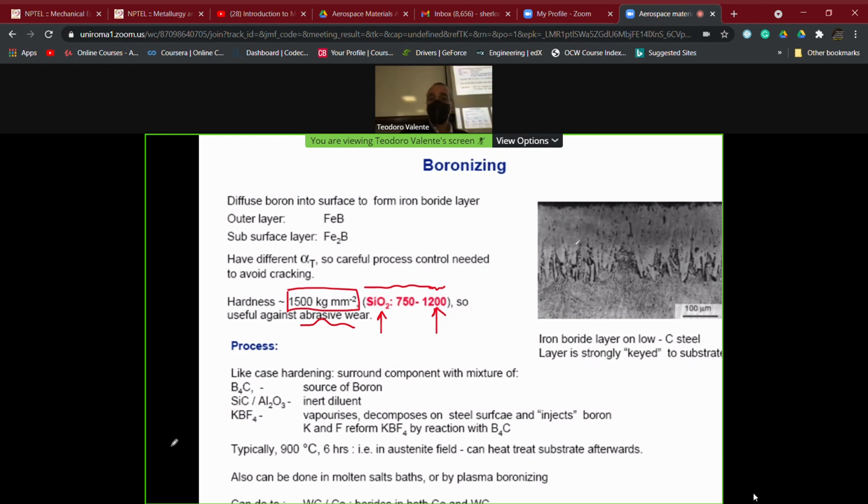This is an example of a microstructure of a boronized layer, which is extending in this case for something which is around 100 microns.